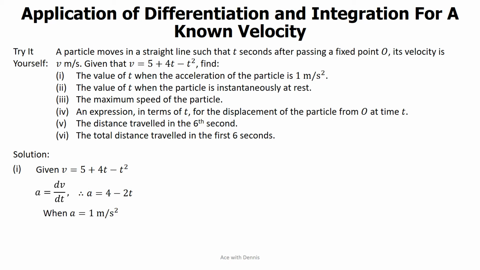So when a equals 1 meter per second squared, the equation becomes 1 equals 4 minus 2t. Now we solve this equation, we get t equals 3 over 2 seconds.